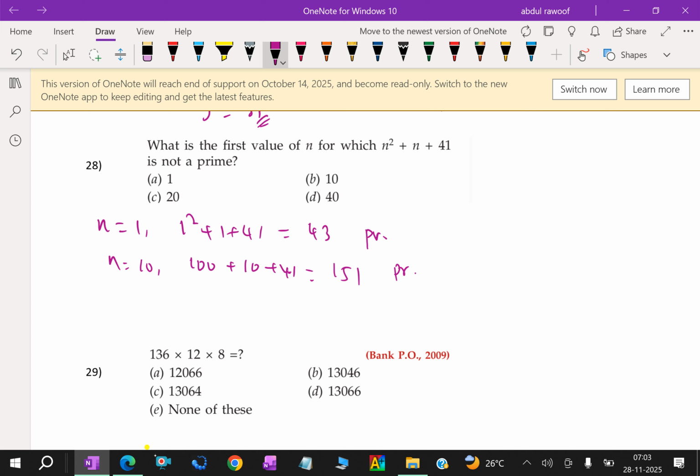N equal to 20: it is 400 plus 20 plus 41, 461. 461 is a prime. N equal to 40: 1600 plus 40 plus 41, 1681.